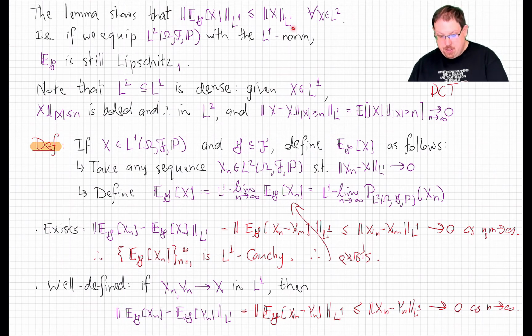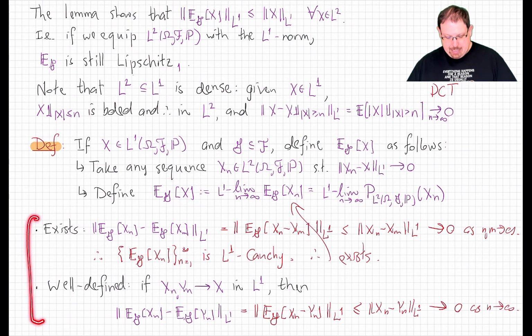And moreover, this L1 contraction property will also hold for the limit definition. All of those proofs follow exactly the same outline that we've given here, so I won't write them down any further. But we see now that conditional expectation has a natural extension to L1.